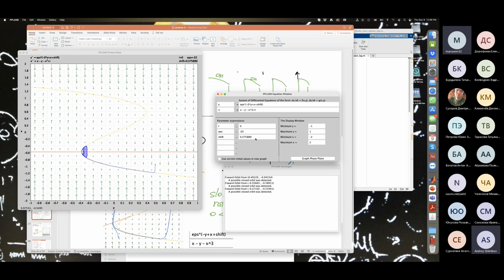Okay, I need to decrease it. So if I do 8, that's kind of strange. Okay, 5. Okay, how about 3? Graph it. Oops. Okay, the last one is 4.